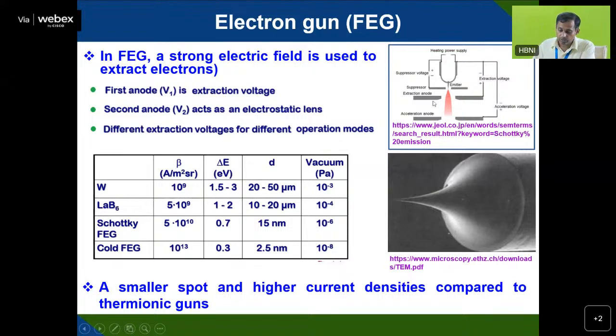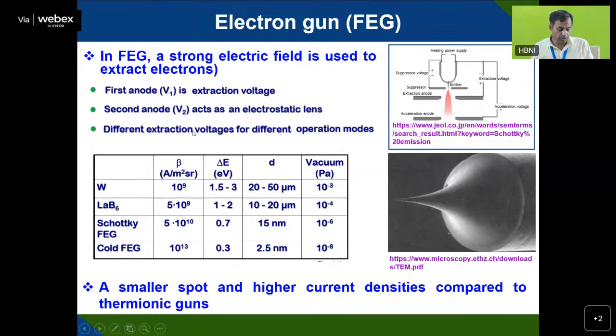Once an electron is generated here, it gets extracted, since it has a high potential to remove that electron from the source. Once it comes inside, it goes to the acceleration anode, which will accelerate the electron velocity and energy, and you will get a high energy electron you can bombard on the surface.